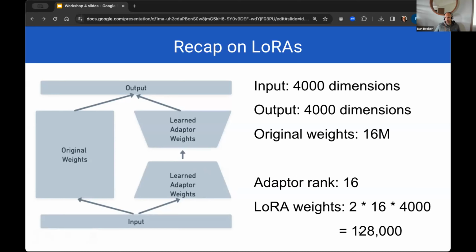You go from 16 million weights that you would tune if you tuned all of the original weights, but instead in this adapter, which has a particular type of bottleneck or restriction, that is 128,000 weights. Most of when we talk about fine tuning, we're actually typically talking about these LoRA fine tunes.